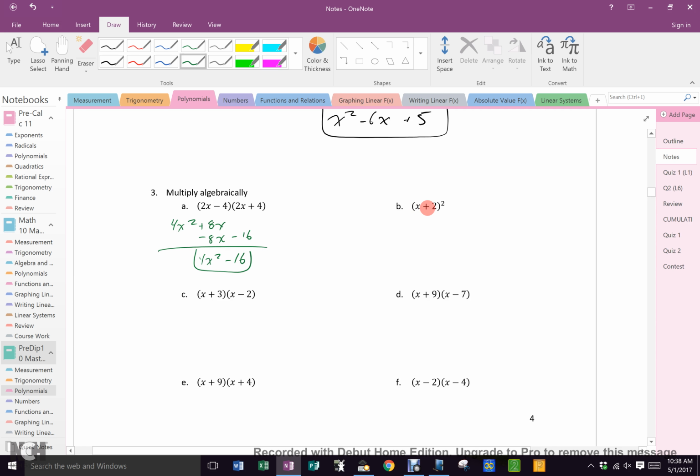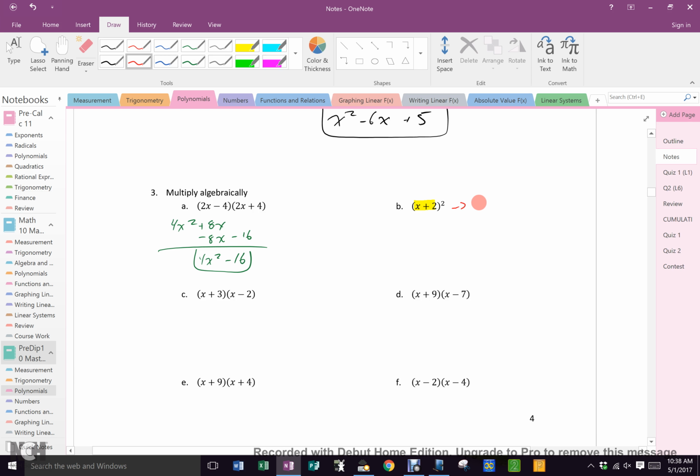This is the one that I was worried about. I hope that all of you recognize what the base is here. What is the base in B? X plus 2. And that whole base is squared, yes?